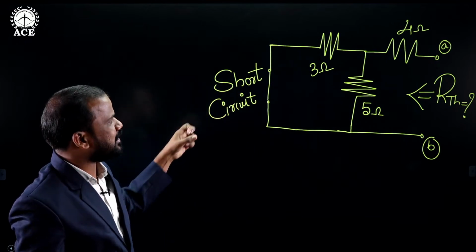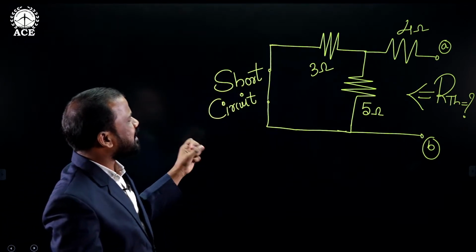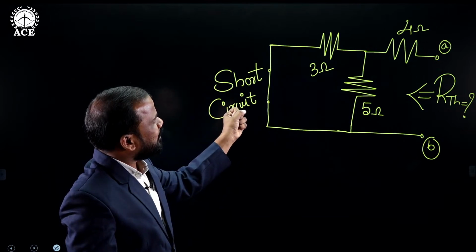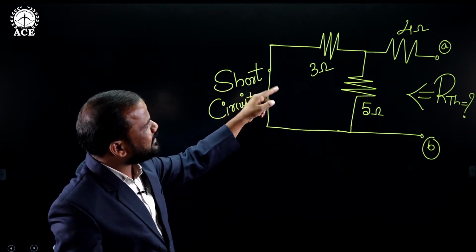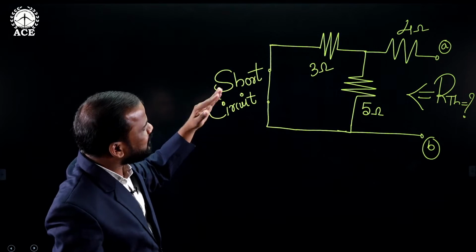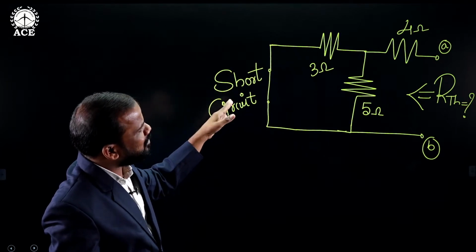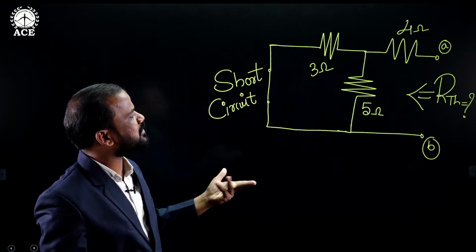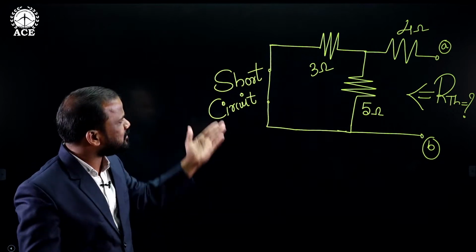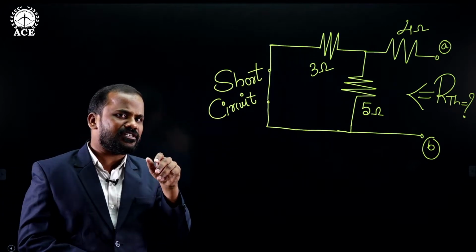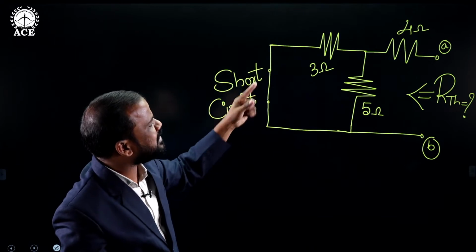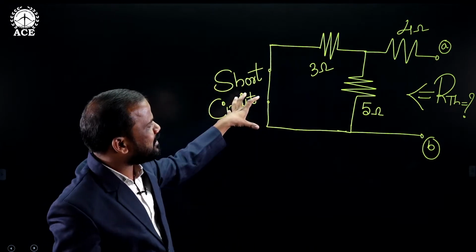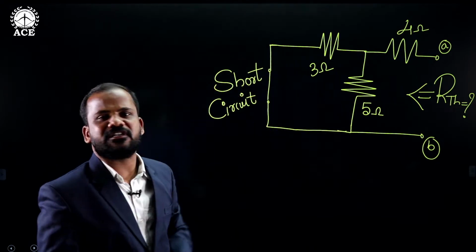First find the equivalent of that. After getting the equivalent, the resultant is connected in series with the 4 ohms. After finding the equivalent of this series combination, you will get the equivalent resistance of this network. That equivalent resistance appears across the terminals A and B, so it represents the Thevenin resistance.